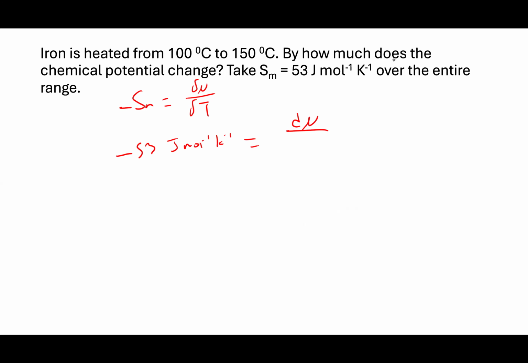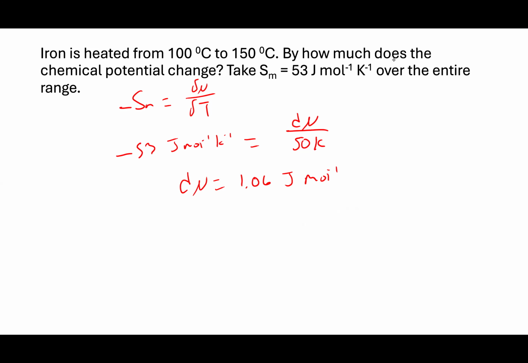We don't need to change this to Kelvin because this is a change; a change in Kelvin is the same as a change in Celsius. So this is 50 Kelvin, 50 Celsius, same difference. And when you do that, you would see that the change in mu is equal to 53 divided by 50, which is about 1.06 joules per mole.